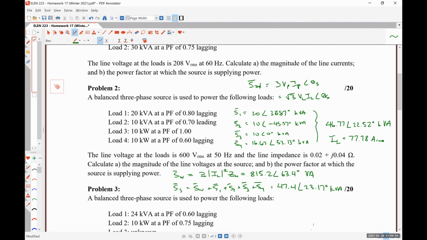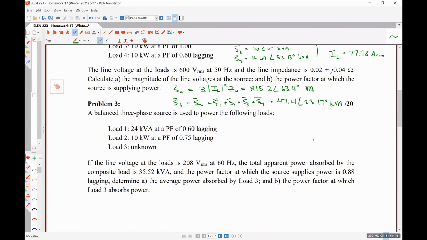So problem 3, I think, is an interesting guy right here. It's a little something that you haven't done before. Now one of the loads is unknown, but we have all the other information, so we have to back calculate to determine the average power absorbed by the load and the power factor at which the load absorbed power. We have our line voltage. We don't appear to have any transmission line impedances that we need to concern ourselves with.